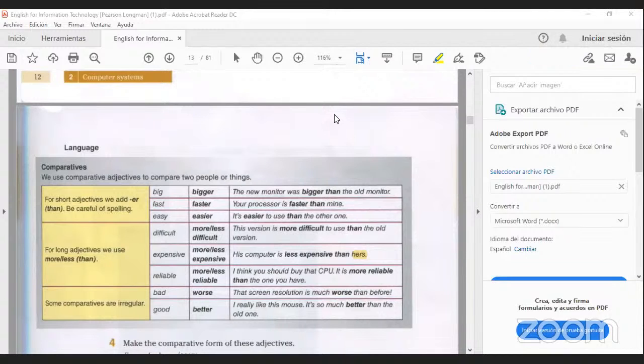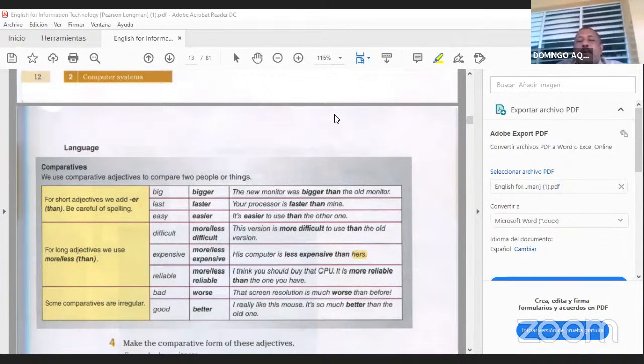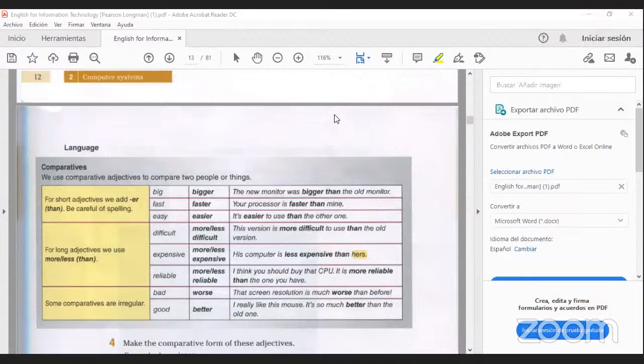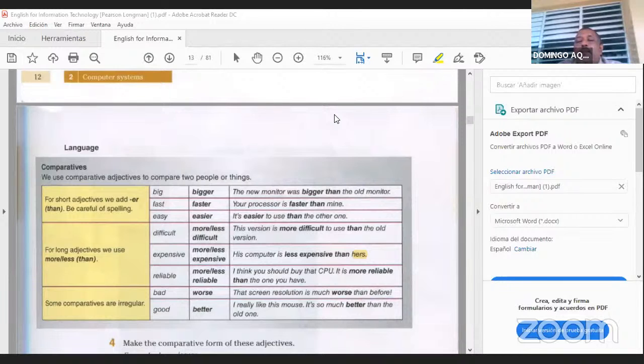Yours. Es como cuando yo digo aquí, por ejemplo, en ese caso, ese es su jugo. El jugo es... cuando es para ellos, ¿cómo diría? De ellos.